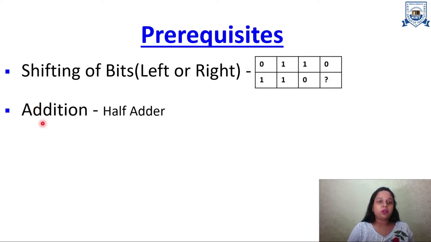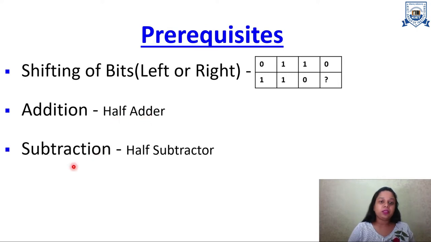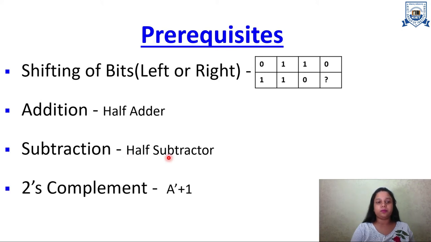Next prerequisite is addition. We must know how to add binary digits, and you must have learned this under the topic half adder. Next prerequisite is subtraction. This is where we subtract binary digits, either 00, 01, 10 and 11, and you must have learned this in the topic half subtractor.